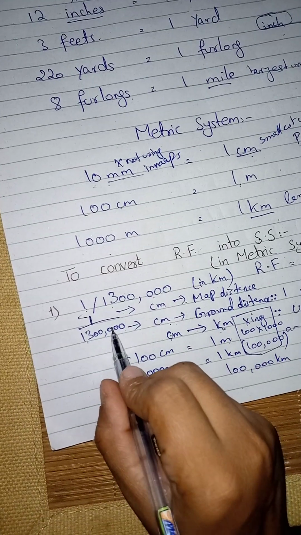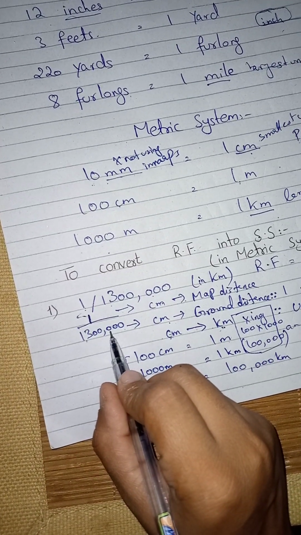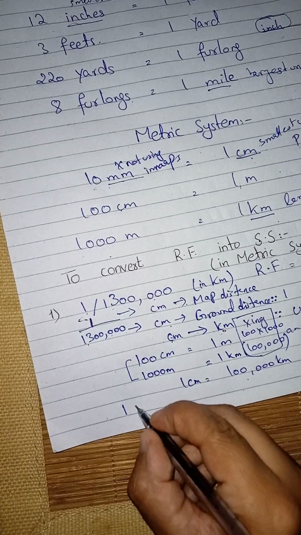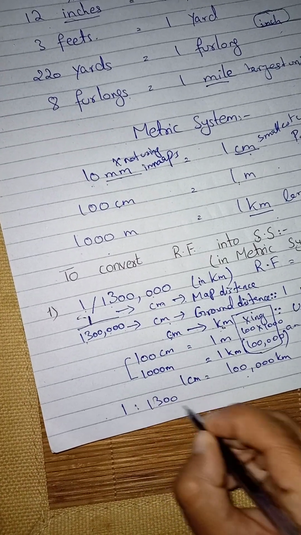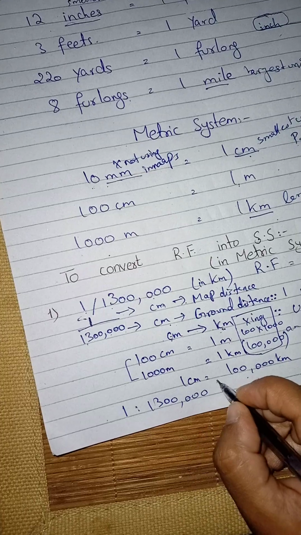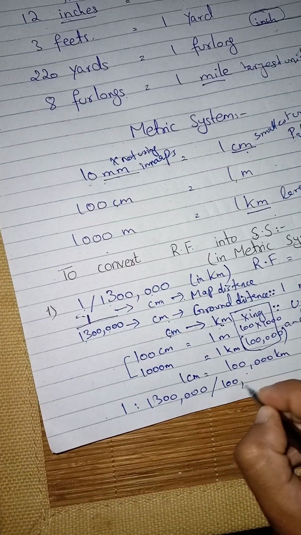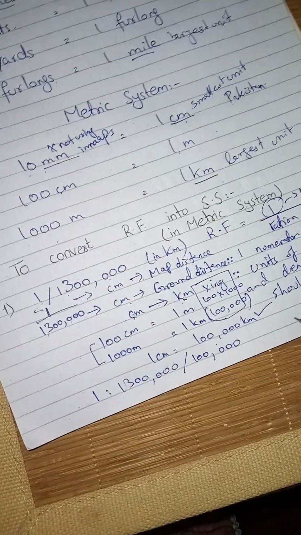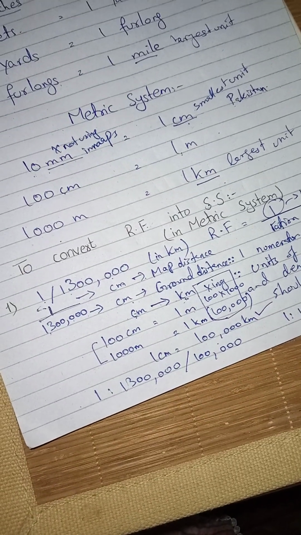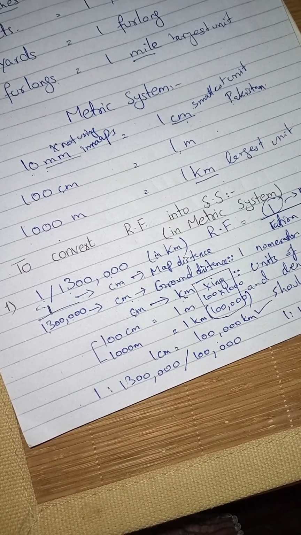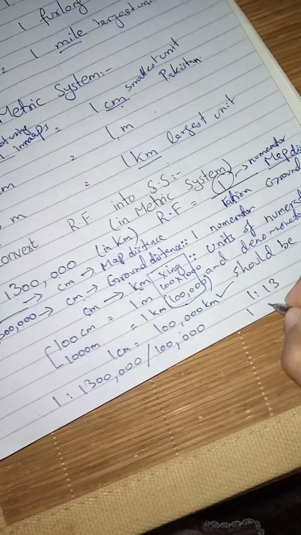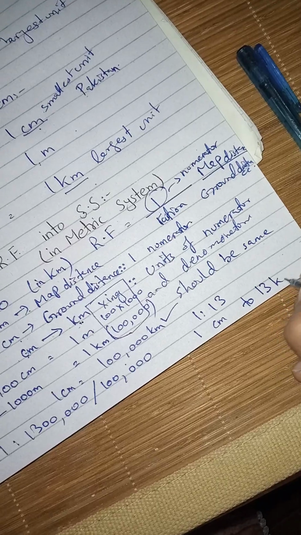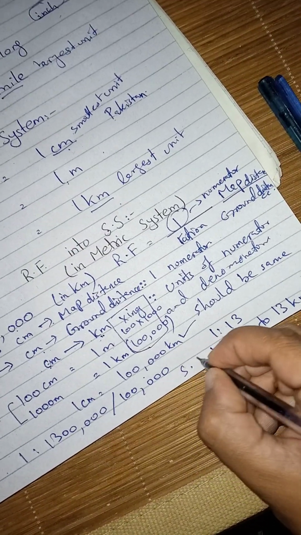We are going to divide this unit by this work, meaning 1/1 divided by 100,000, which was this value. So we get 1 centimeter to 1 kilometer. That is our SS.